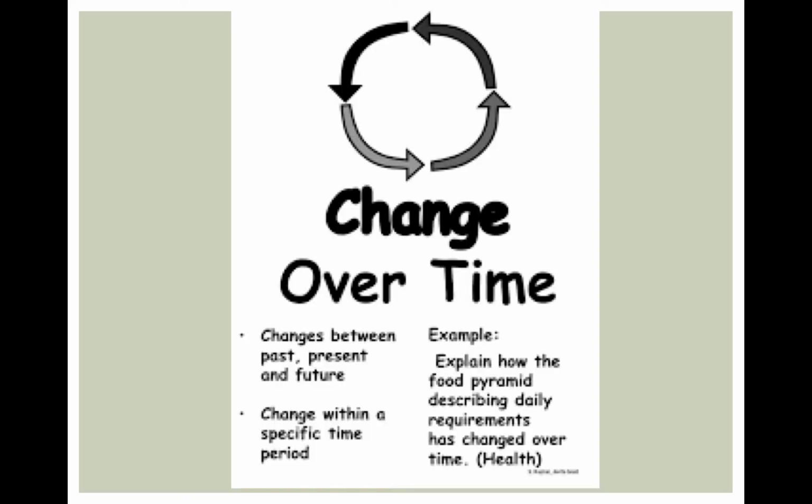So the way that it is manifested within this specific assignment is in the following way. So again, change over time. The example that is given here is the following: explain how the food pyramid describing daily requirements has changed over time. I believe the food pyramid and all of that health material is covered in 7th grade, if I'm not mistaken.